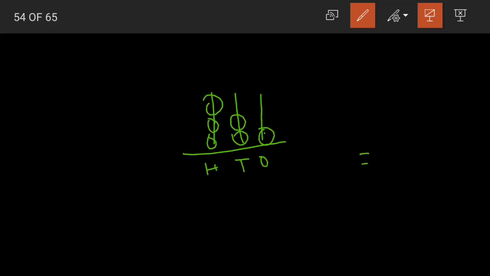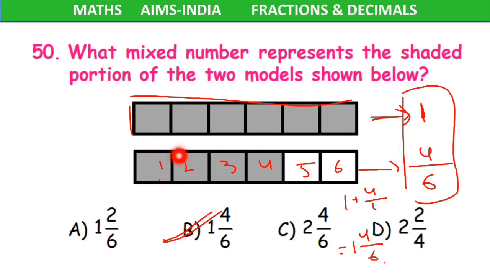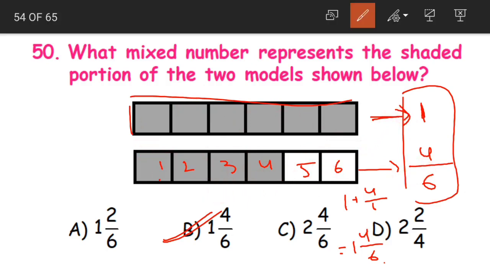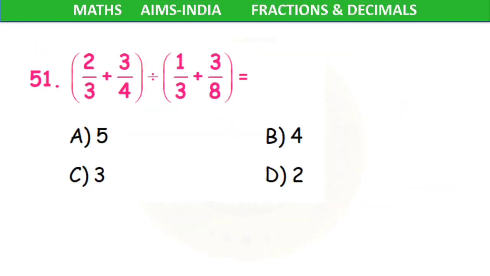Depending on that, we write the number. For this, it would be 321. In the same way, you just count the shaded parts and write the fractions together. 1 plus 4 by 6 is nothing but 1 4 by 6. That is our option B.